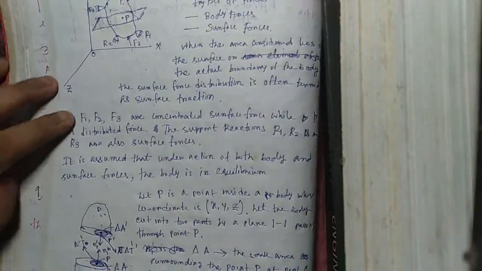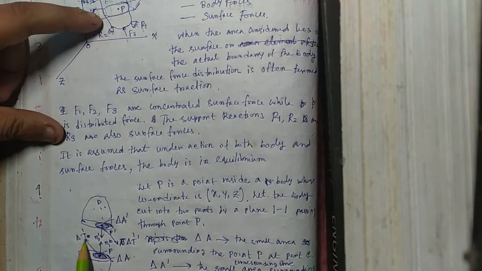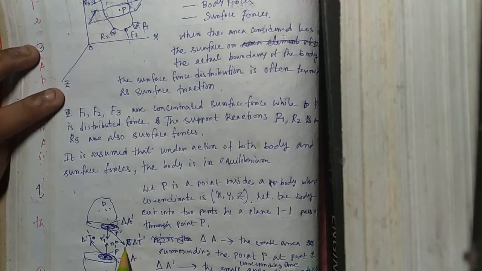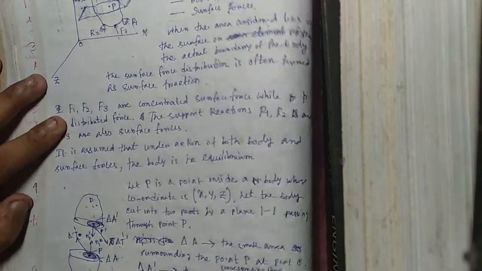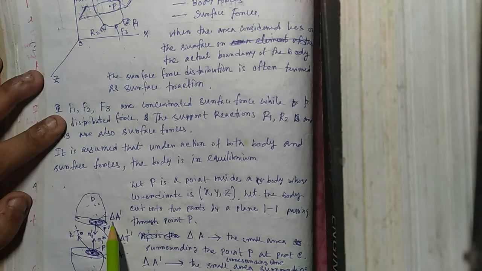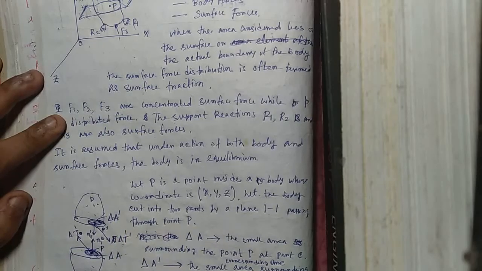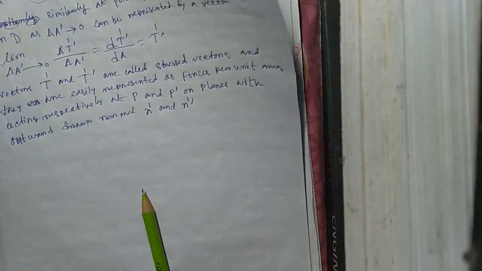So see that this is the stress vector force delta T1. This is the small area delta A. This is the small action force delta T1, and this is the small unit area delta A. So this ratio, that force per unit area, is known as T1, which is the stress vector.